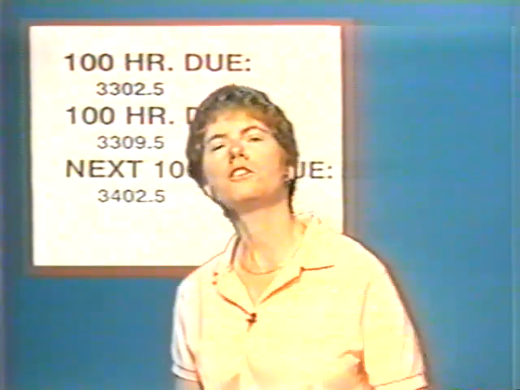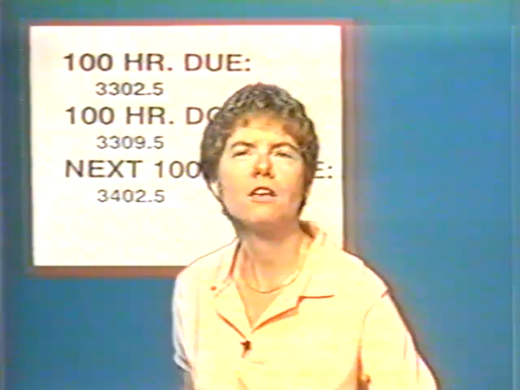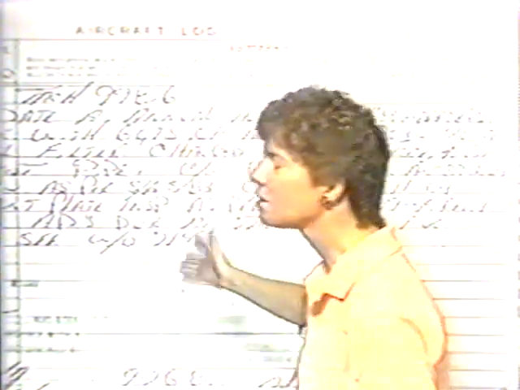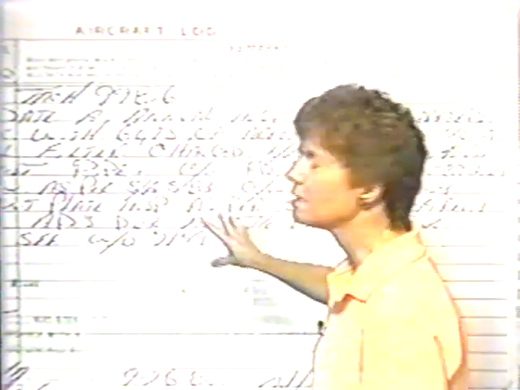Okay, let's assume that you finished off an annual inspection. That has to be shown in the aircraft maintenance records. Now, the aircraft maintenance records is just a fancy name for saying the aircraft logbooks. And so the aircraft logbooks or the aircraft maintenance records will have to show that the annual inspection has been completed, the date of the annual inspection, and a return to service note.